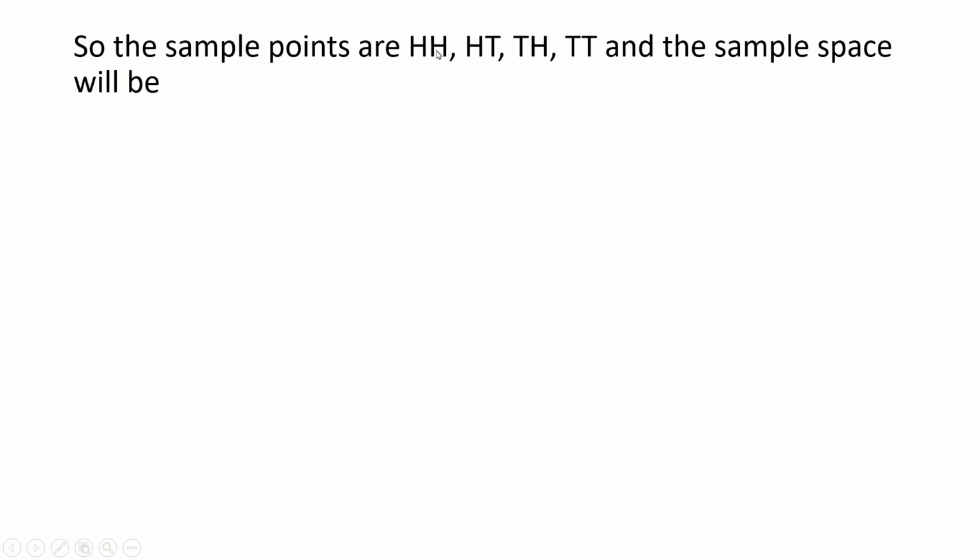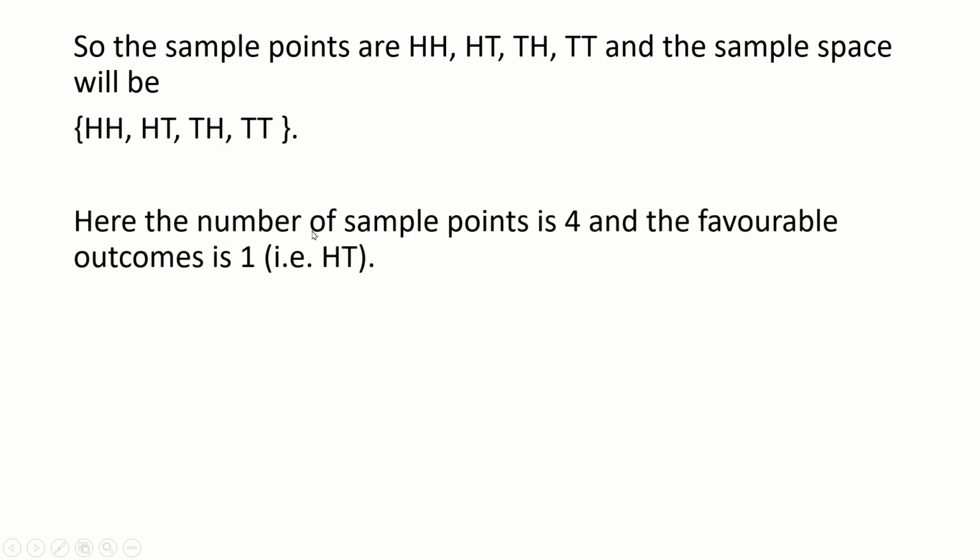So the sample points are HH, HT, TH, TT, and the sample space will be HH, HT, TH, TT. Here the number of sample points is 4 and the favorable outcome is 1, that is HT, because head on the first coin and tail on the second coin.